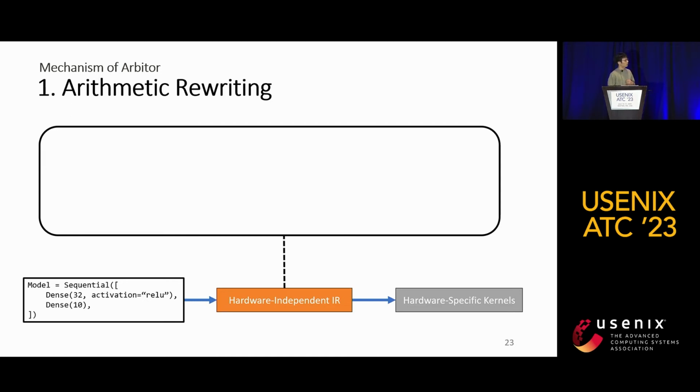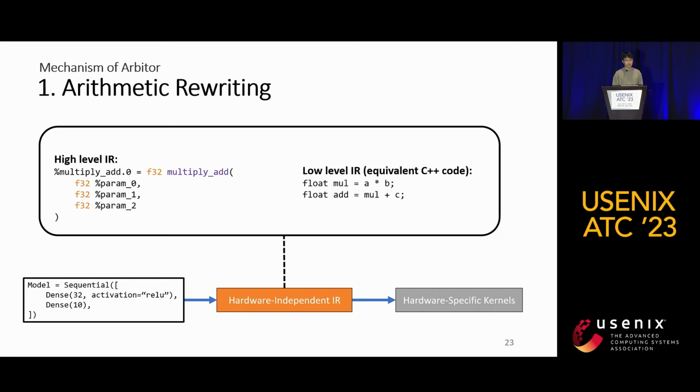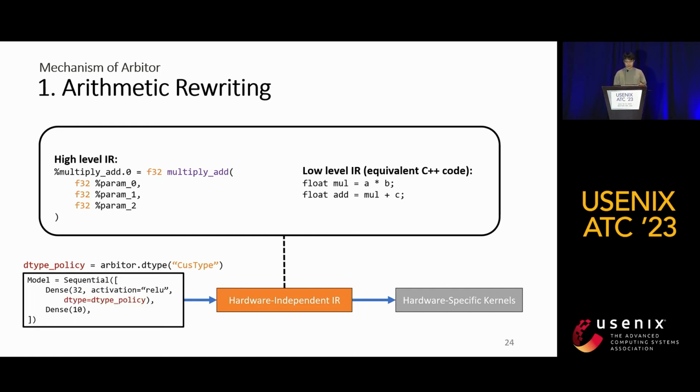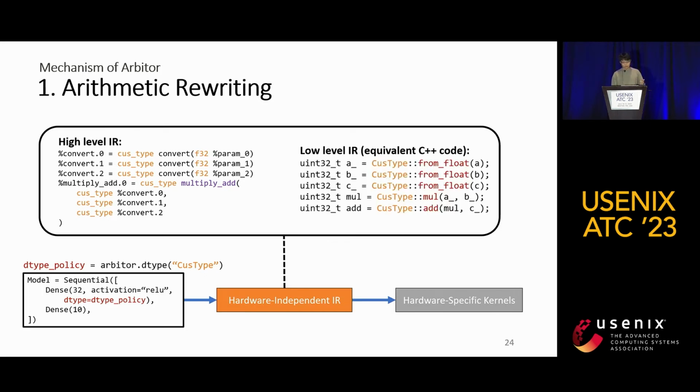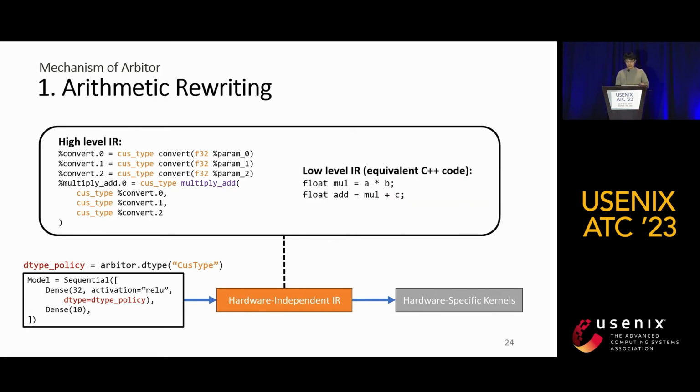Originally, a dense layer will be lowered to a multiply-add operation on FE32. And in low-level IR, it will perform a multiplication and addition operation. After users declare the D-type policy, they can specify that policy in any layer they want, to incorporate the policy into the computation. Arbiter will then rewrite the high-level IR to automatically insert conversion from FE32 to the specified type and rewrite the multiply-add to perform on custom type instead of FE32.